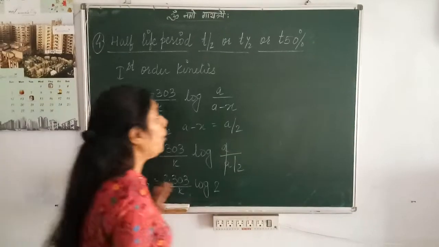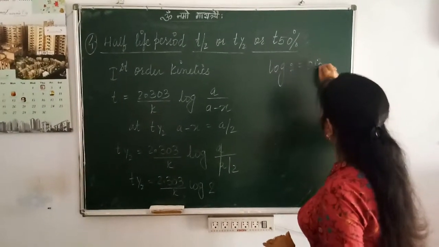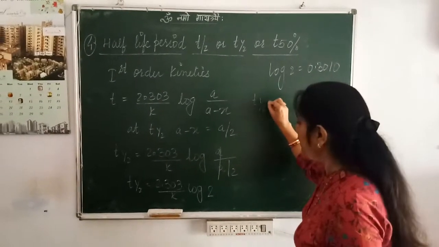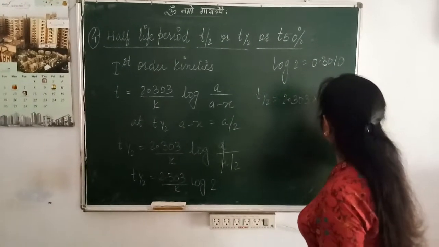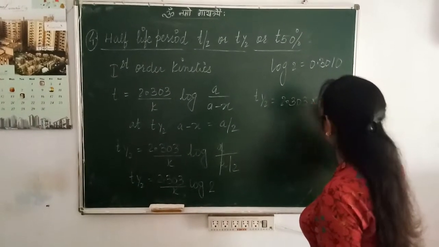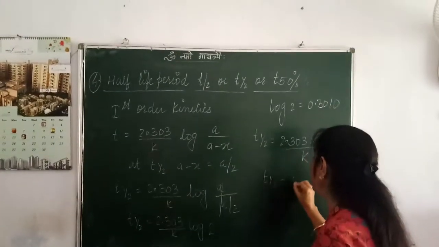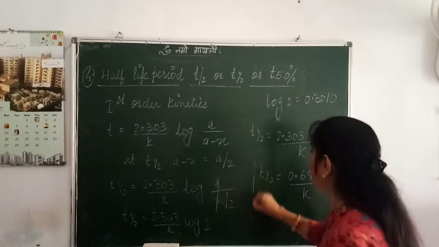And the value of log 2 is 0.3010. So after substituting, T half is equal to 2.303 into 0.3010 divided by k, or T half is equal to 0.693/k.